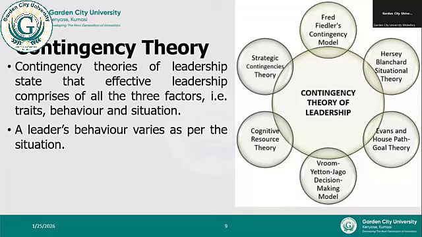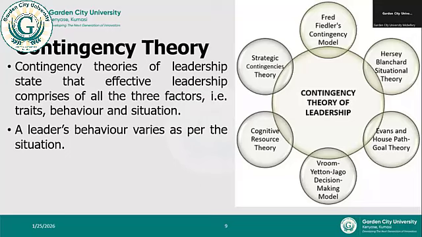It is a theory of leadership that says effective leadership comprises all three factors. You must have traits in you, the characteristics of a leader. Behavioral wise, you must be situated in a way that you can be a leader. And situational means you must have a purpose for the particular type of leadership you are bringing.